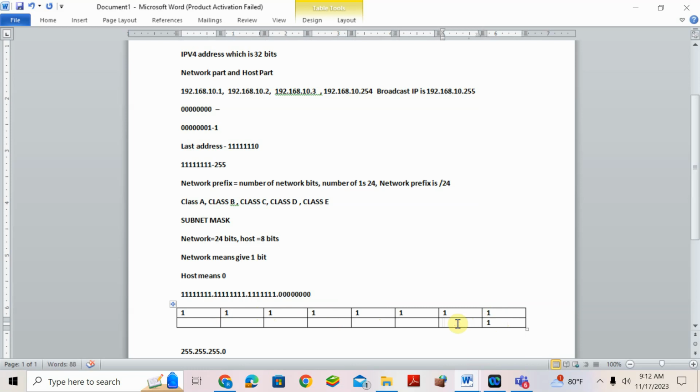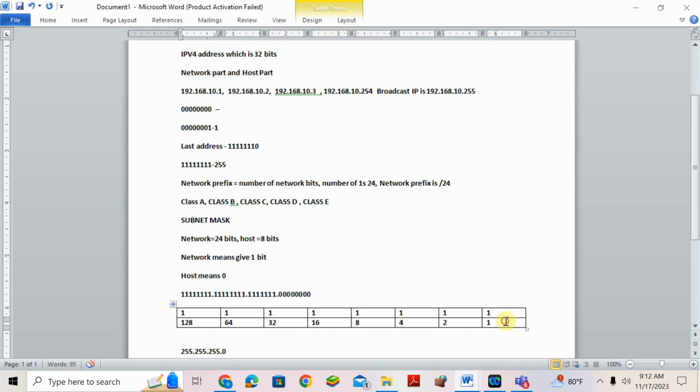Next is 2 power 1, 2, 2 power 2, 4, 2 power 3, 8, 2 power 4, 16, 2 power 5, 32, 2 power 6, 64, 2 power 7, 128.